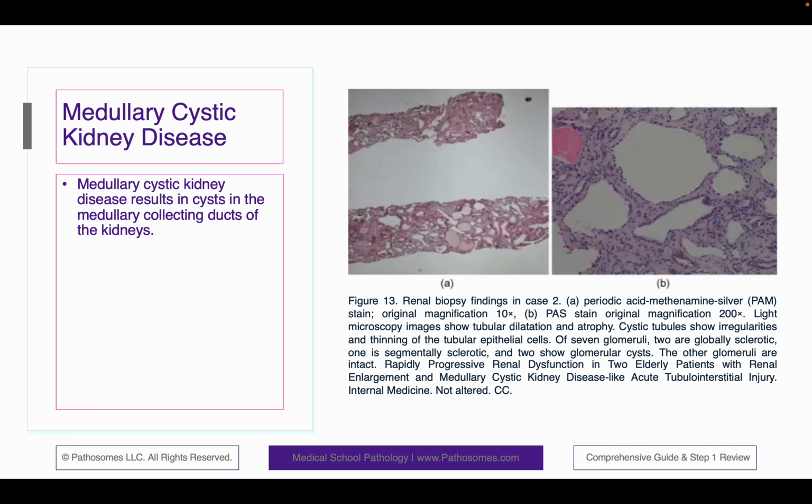Now let's talk a bit about medullary cystic kidney disease. Medullary cystic kidney disease results in cysts in the medullary collecting ducts of the kidneys. To the right here, we can see the renal biopsy findings in a case of medullary cystic kidney disease.